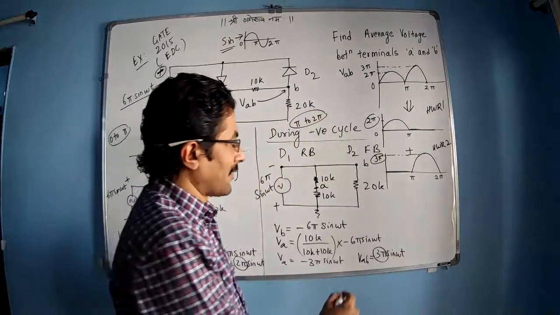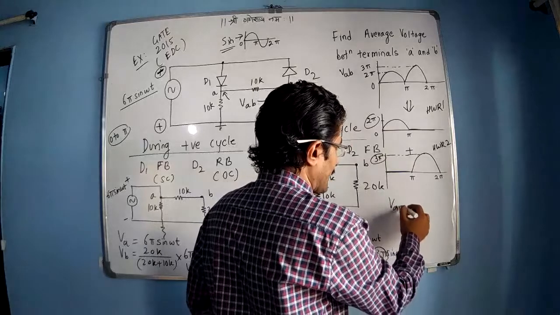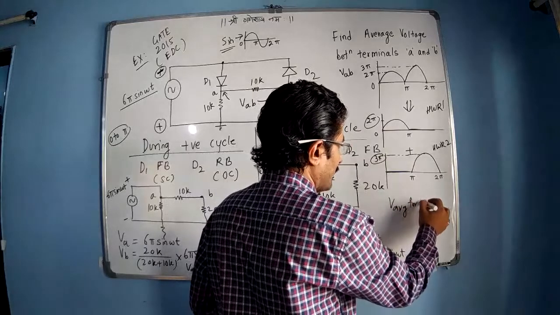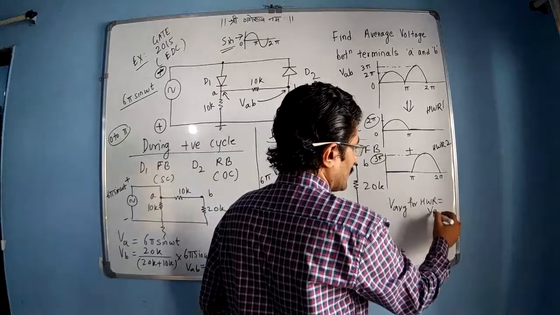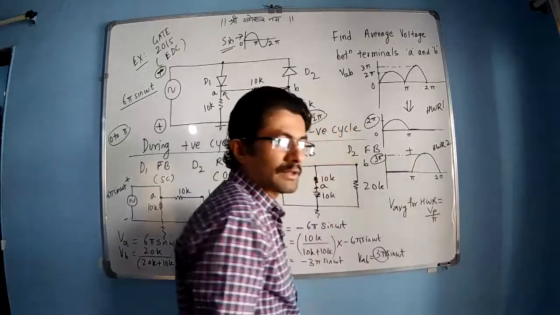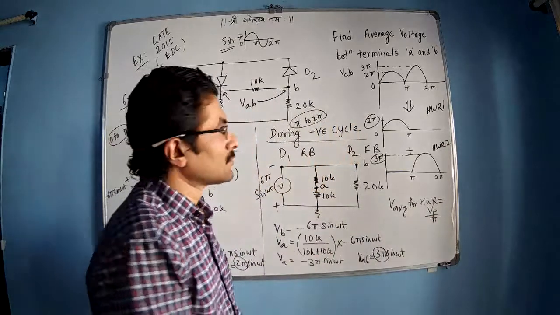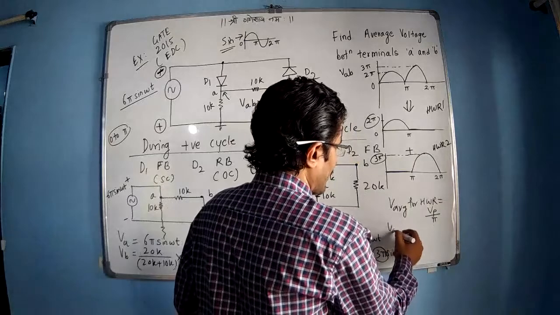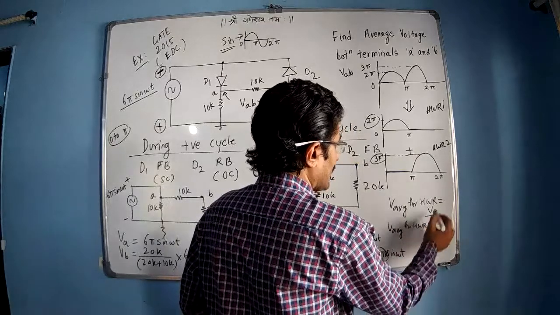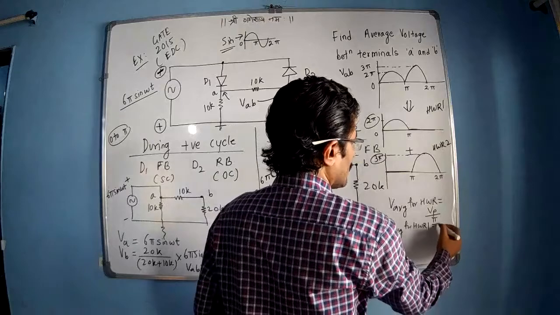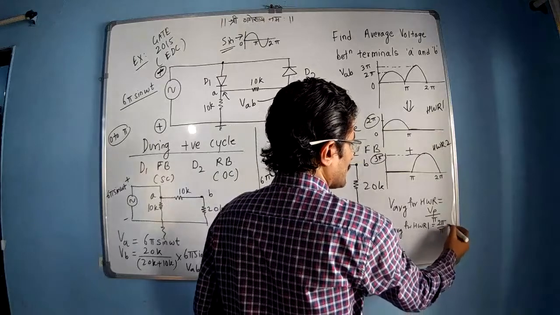Now you know the average voltage for a half wave rectifier is peak value divided by π. So V average for half wave rectifier 1 will be 2π divided by π, which is 2.